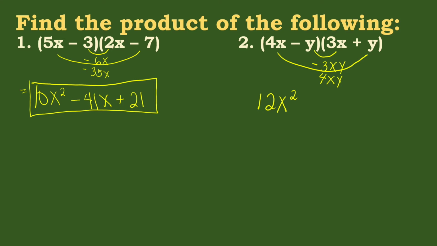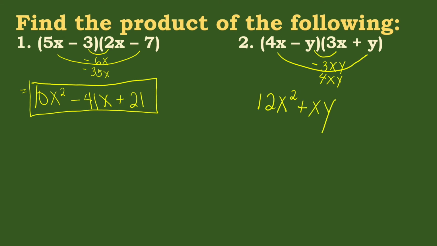Again, as we can see here, the two terms resulting from the outer and the inner of the FOIL method are similar terms. So that would be negative 3xy plus 4xy. Combining them, the middle term would be positive xy.